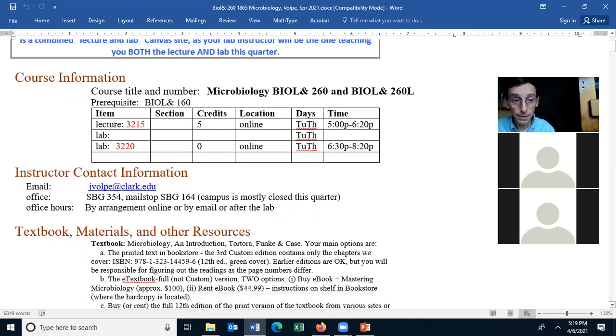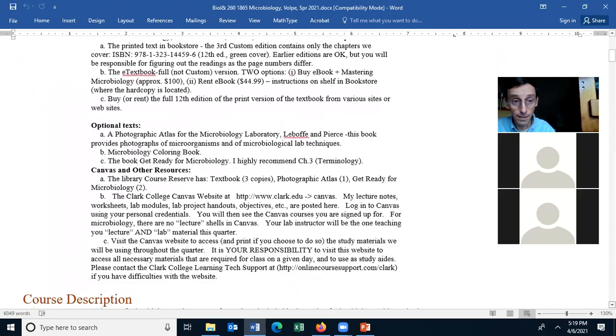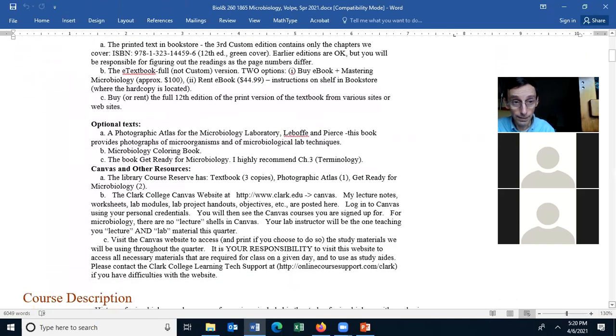And if you want to do it at another time, just email me and we can set up a time. All right, I'm going to let you read the textbook and the materials and the other resources. You should realize that the Canvas website has most of the other resources, the exception being maybe the optional text. I think at least some of the optional texts you can get from the library.